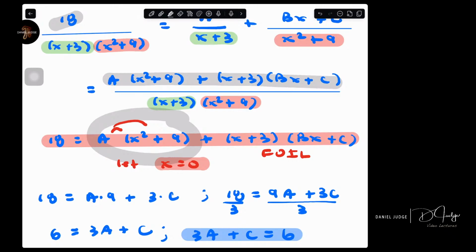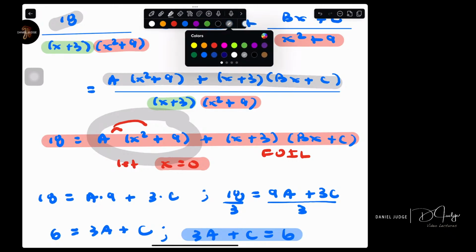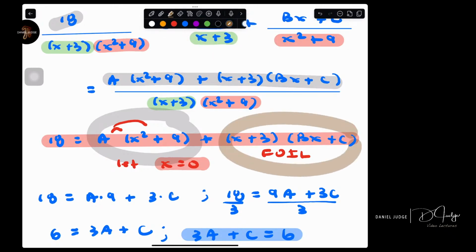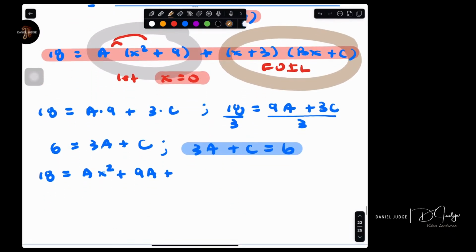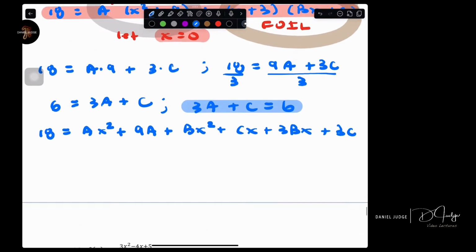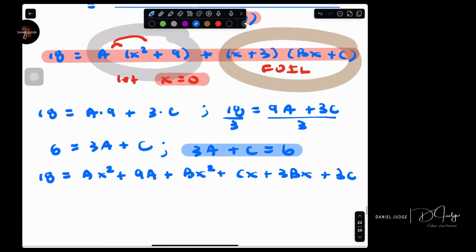I'm going to use FOIL now on the right side. First terms, I'll get bx squared, outer term, cx, inner term, 3bx. And then the last term, 3c. Okay.